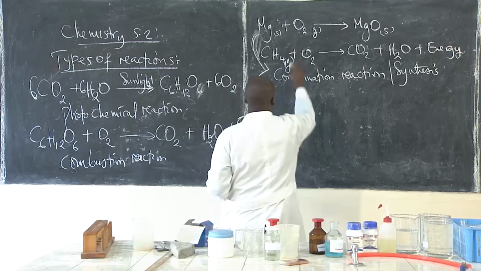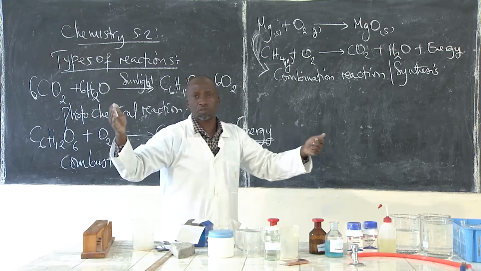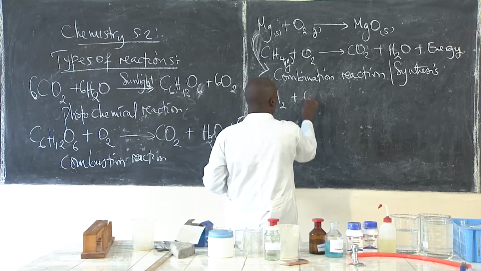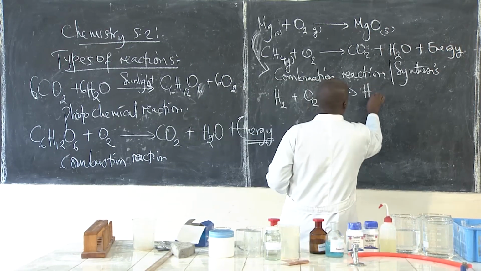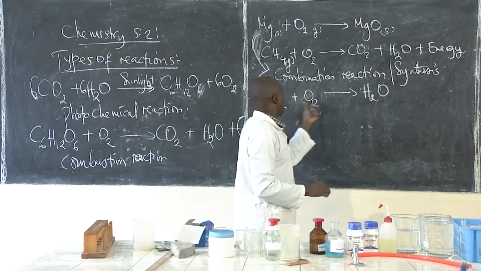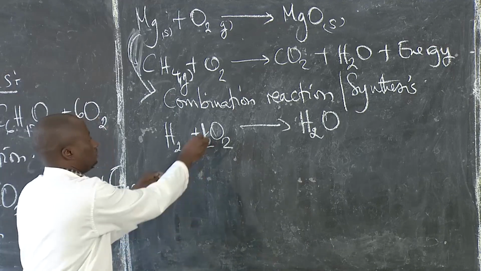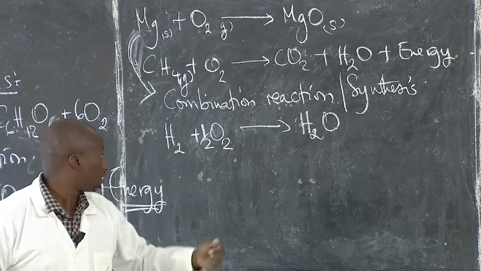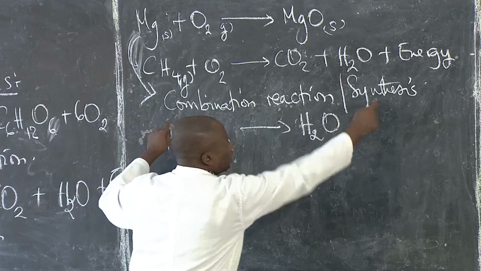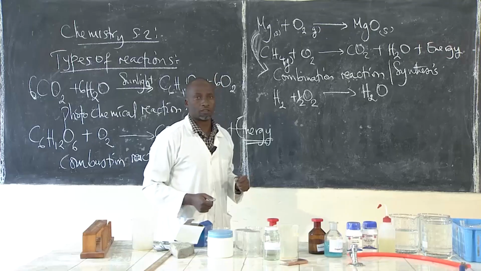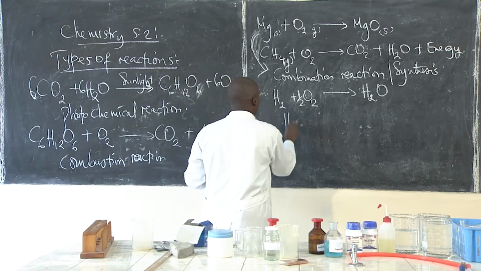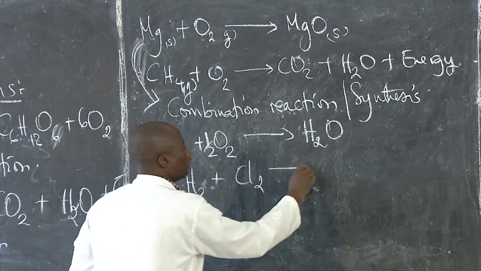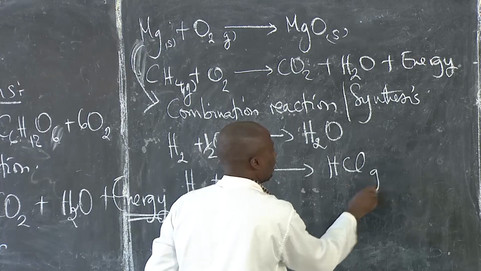So when you look at the magnesium, we can have other examples as well. You can have hydrogen combining with oxygen to form water. Water is made up of these two elements, oxygen and hydrogen, combining to form the water. That is one other example of a combination or synthesis reaction. We can as well have hydrogen combining with chlorine to form hydrogen chloride gas.